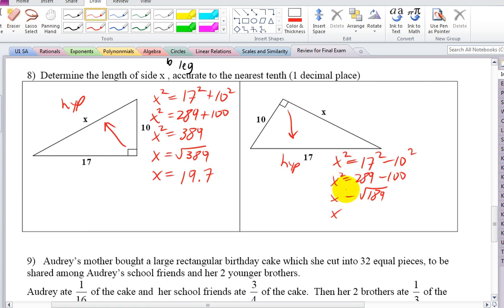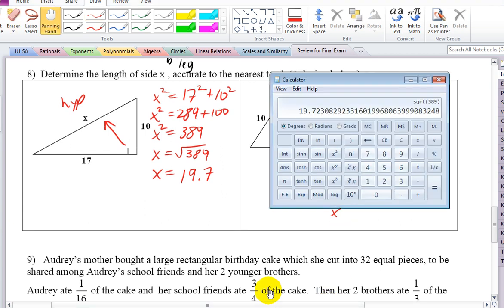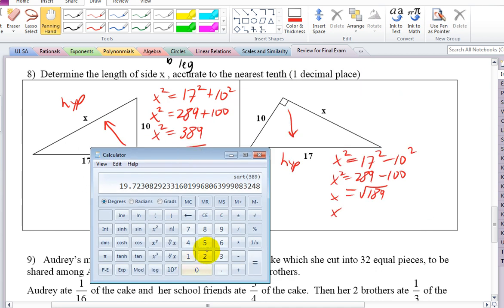Kind of skipped a line of work there, but hopefully you can figure it out. 13.7.